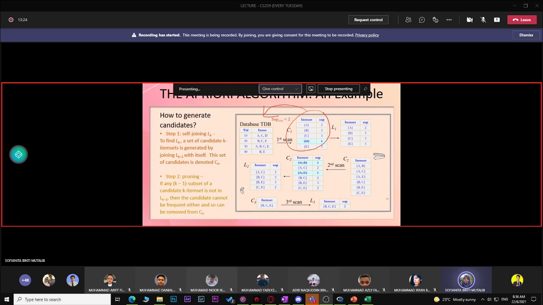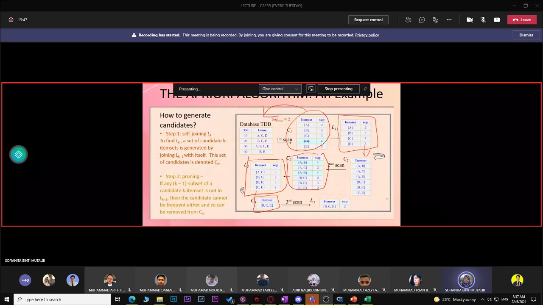For iteration one, for example, these are the frequent items found, and from this we generate the two item sets, and then we test and check. This is the final output from iteration 2. From this 2 item set, we generate the candidates of 3 item set, and we check, and this will be the final.